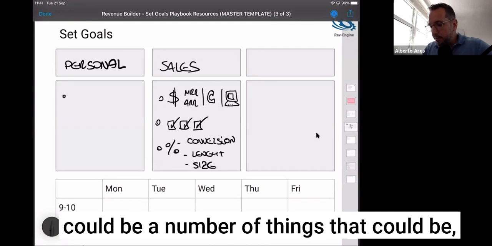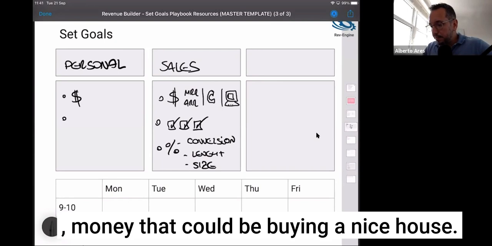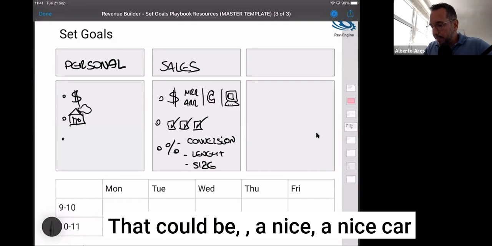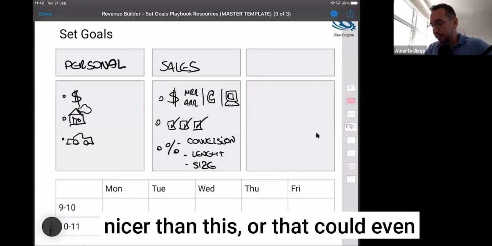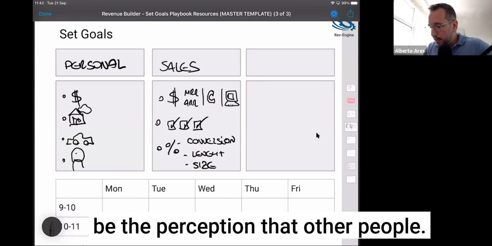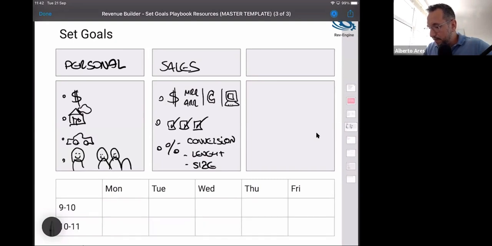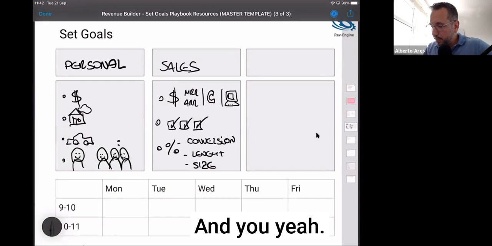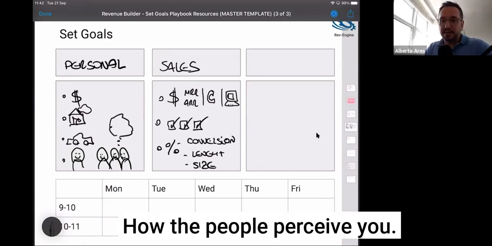And that could be a number of things. That could be money, that could be buying a nice house, that could be a nice car, nicer than this, or that could even be the perception that other people have of you. Yeah, how do people perceive you?